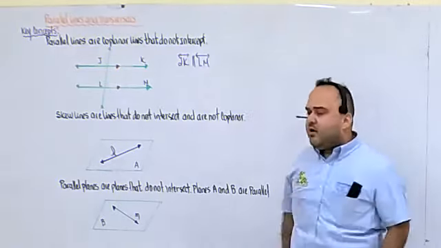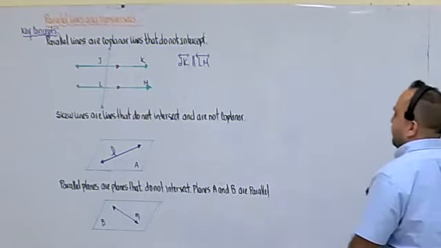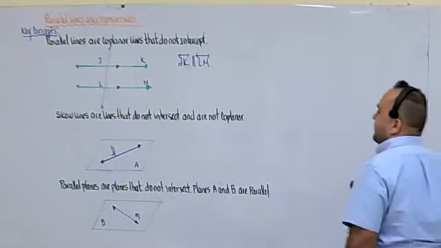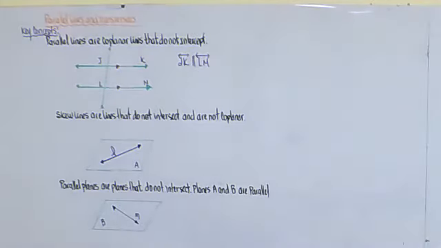Okay, and skew lines are lines that do not intersect and are not coplanar. Why are they not coplanar? Because those lines cannot share the same space. If you see, there's only one line, the line L. There's no other line that has an intersection point with it. So because there's no other line with the same intersection point, this is not a coplanar line.